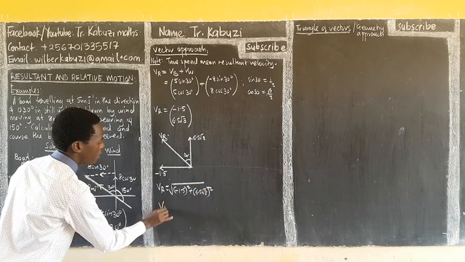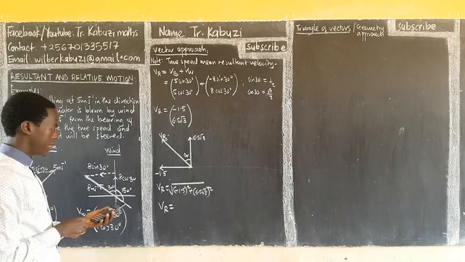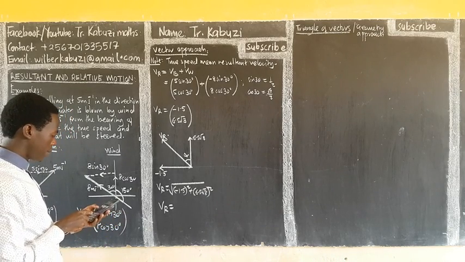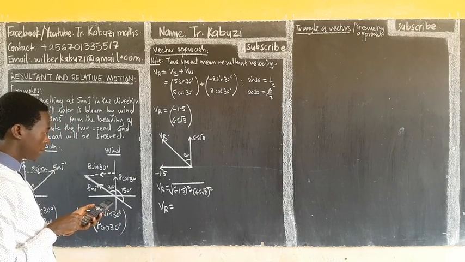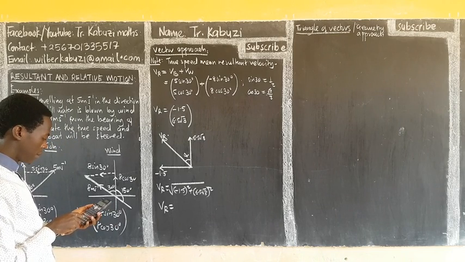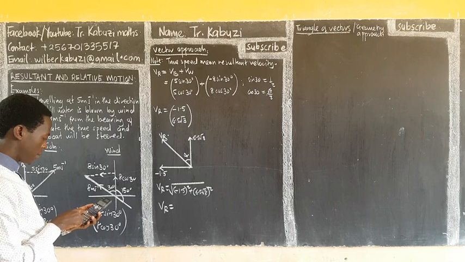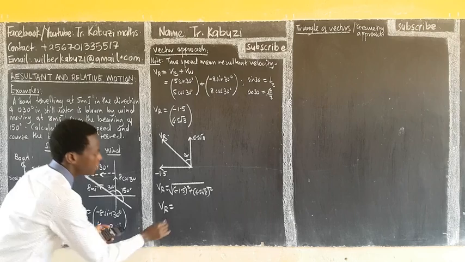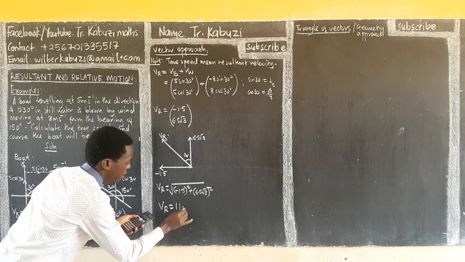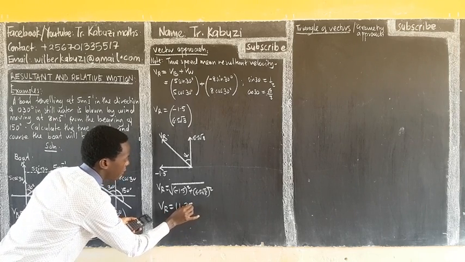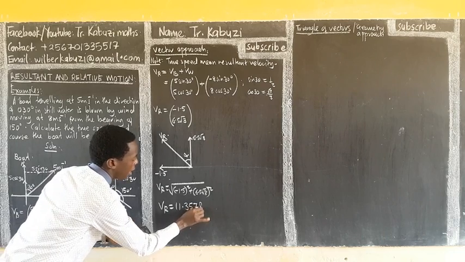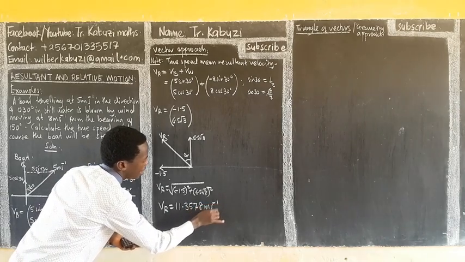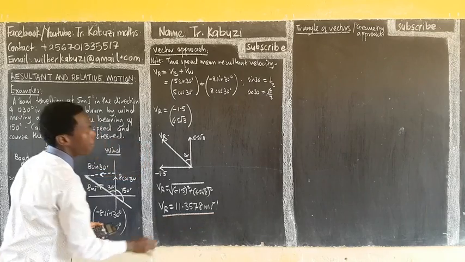And so our VR here is going to be 11.3578 meters per second. This is going to be now our velocity.